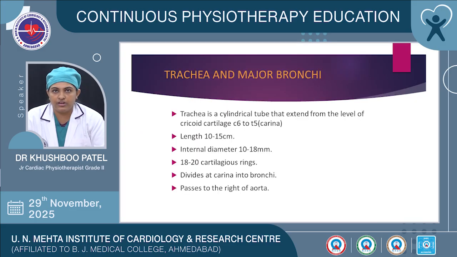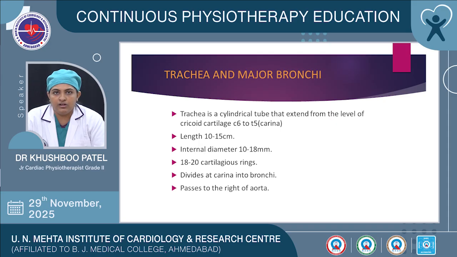Now we discuss the trachea and major bronchi. It's a part of A for airway. What is the trachea? The trachea is a cylindrical tube that extends from the level of cricoid cartilage C6 to T5 carina. Length of the trachea is 10 to 15 cm.